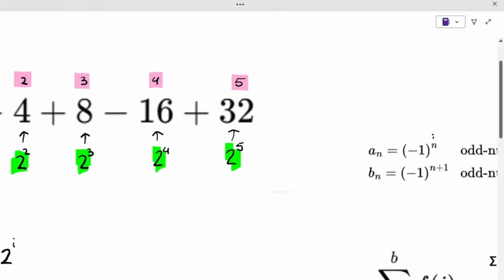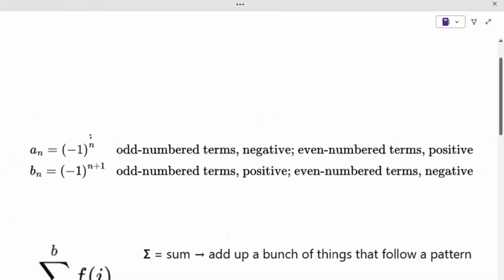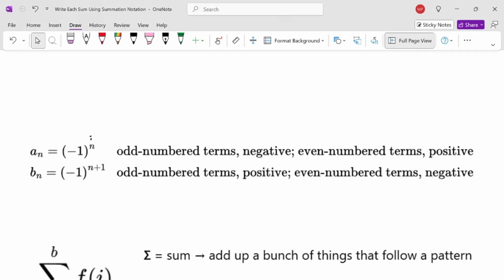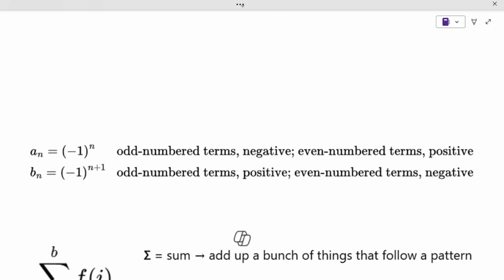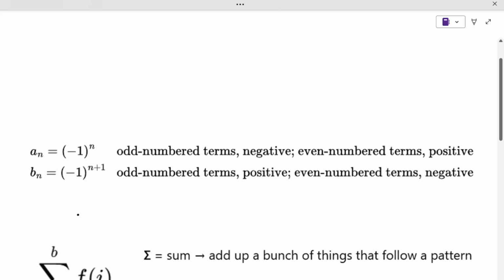Well, here is a formula. I'm going to shift over to the right again. So we have 2 formulas over here. And we have a sub n equals negative 1 to the power of n. Now, for simplicity, because I already defined my variable as I, I'm just going to cross this out and put I here.